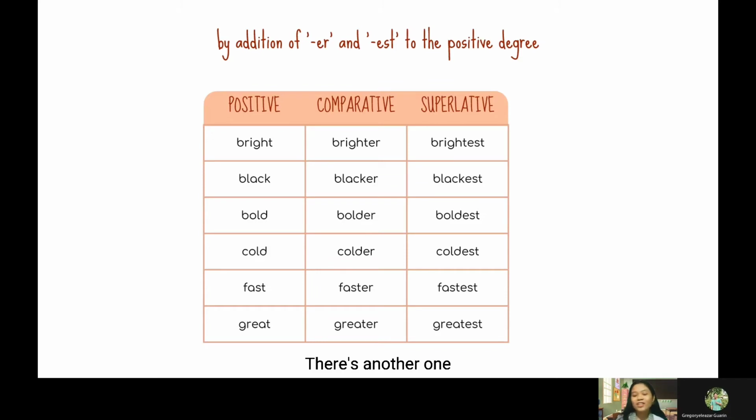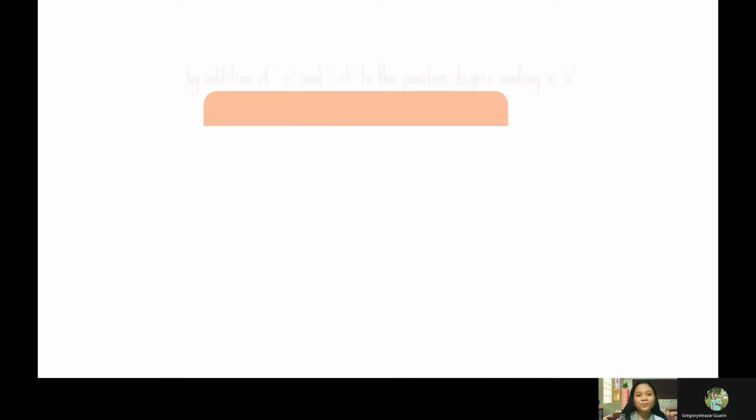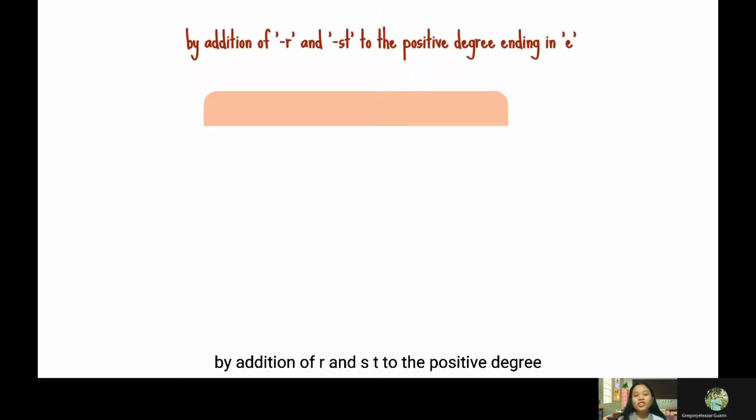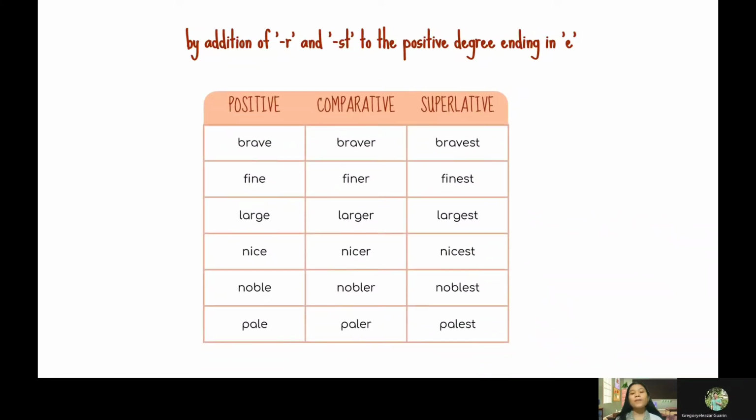There's another one. Let's get it. By addition of R and ST to the positive degree ending in E. So, if the positive degree ends with E, we will add R for comparative degree and ST for superlative degree. Here are some examples. The positive word is brave, and the comparative of it is braver.